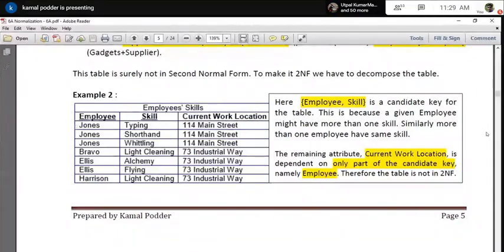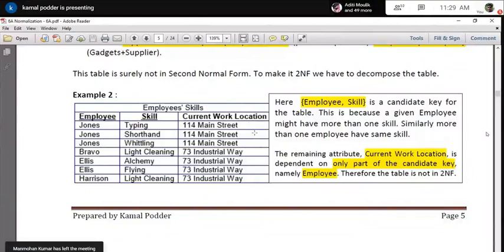In this table also, the primary key is the combination of employee and skill, because one particular employee might have more than one skill. So naturally this is the primary key. Since the employee has several skills, I am repeating the address, the same address but repeated. So naturally, again the update anomaly can occur here. Update or deletion anomaly can occur.